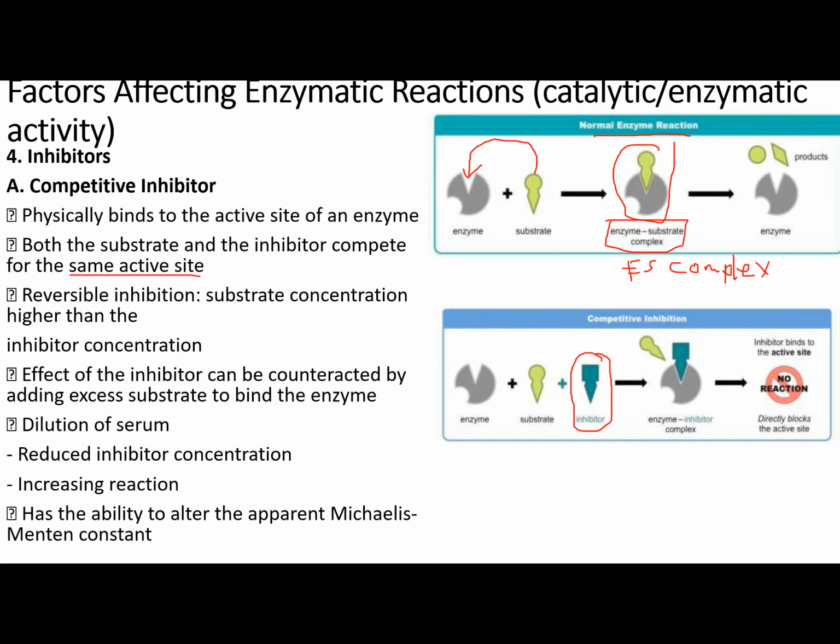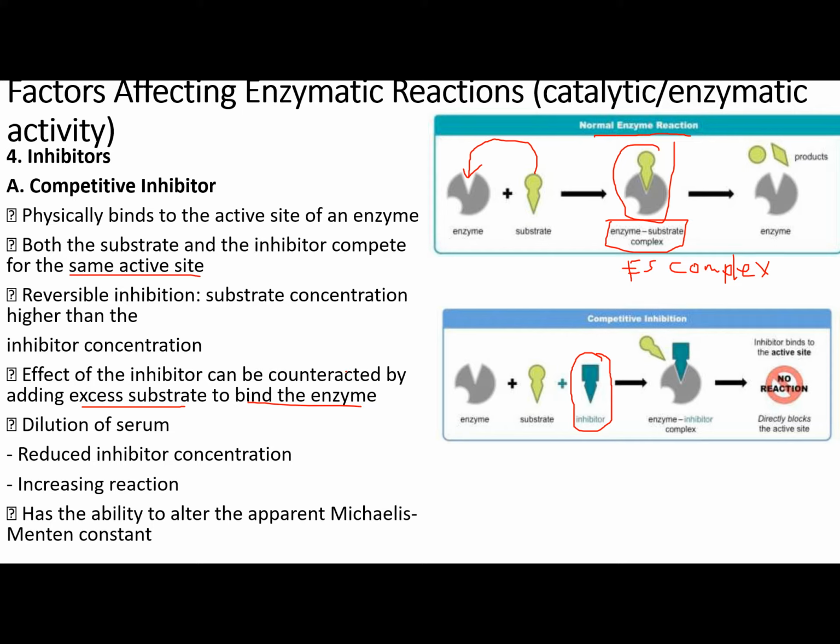Then we have your reversible inhibition. Now, reversible inhibition class, it's reversible if the substrate concentration is higher than the inhibitor concentration. The effect of the inhibitor can be counteracted by adding excess substrate to bind the enzyme. So competitive inhibitor class is a reversible inhibition.